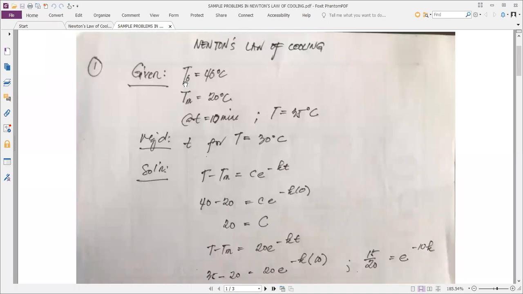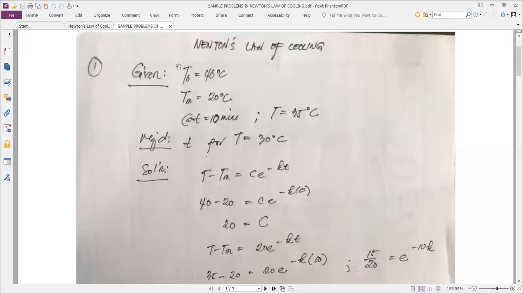So the original temperature, the time zero temperature, is substituted for the T in here. And the medium temperature, or the surrounding temperature, is 20, equated to C e raised to negative k times 0, because the T sub O is equivalent to time 0 for the process of cooling.